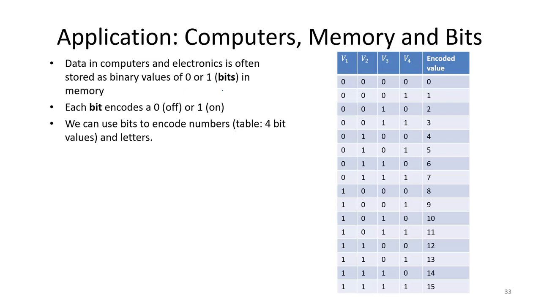Typically, in the memory, we encode data as a set of zeros and ones, where each bit is a single 0 or 1. By taking combinations of bits together, we can encode different types of data. Here's an example for a 4-bit piece of memory. If we have 4 bits where each bit can encode a 0 or a 1, we can encode 2 to the 4th or 16 different values.